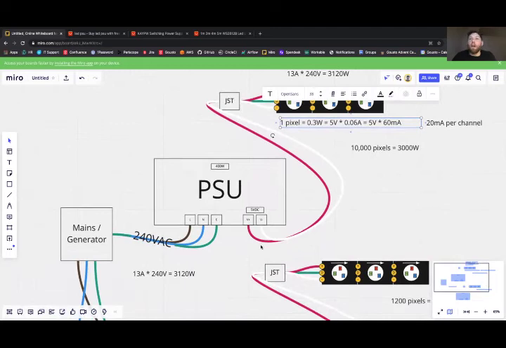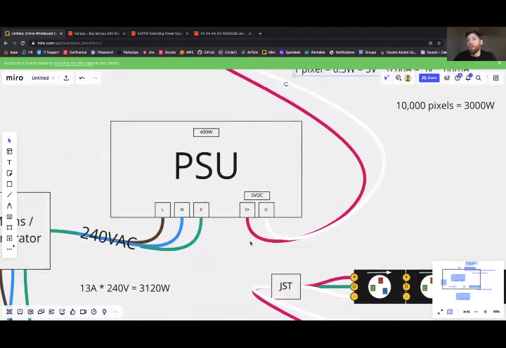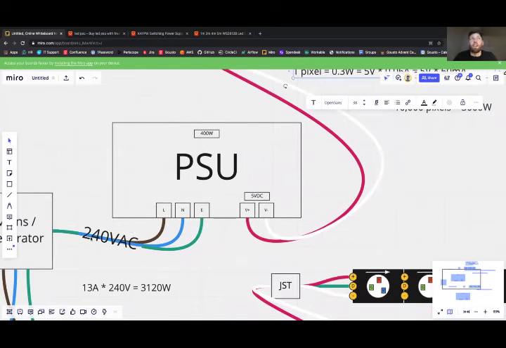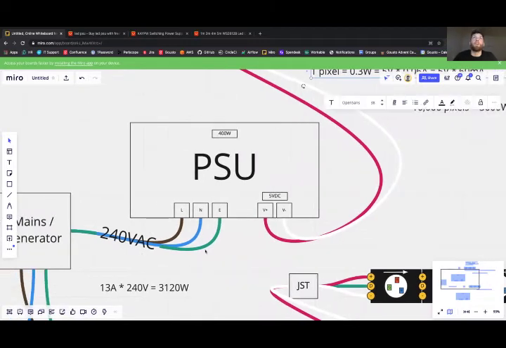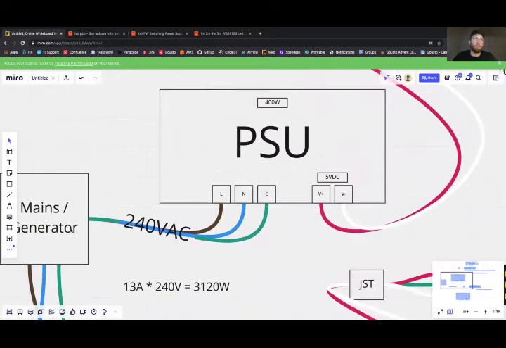Now, it just so happens that lower voltages are more susceptible to voltage drop per distance than higher voltages. So when designing this circuit, the ideal architecture is to have this line carrying power from your mains to your PSU as long as possible.